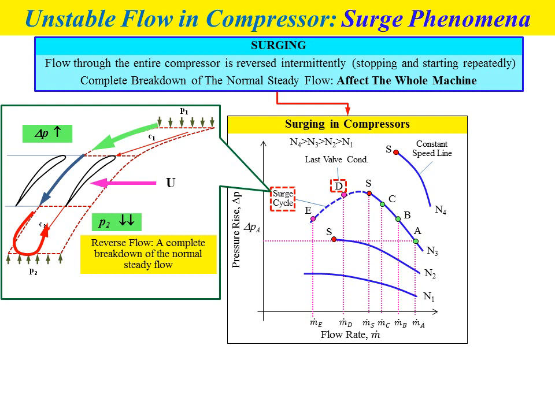In the compressor map, for each constant speed line we have a point S. If you combine all these points, we will have the surge line, which refers to the minimum value of flow rate for each constant speed line.